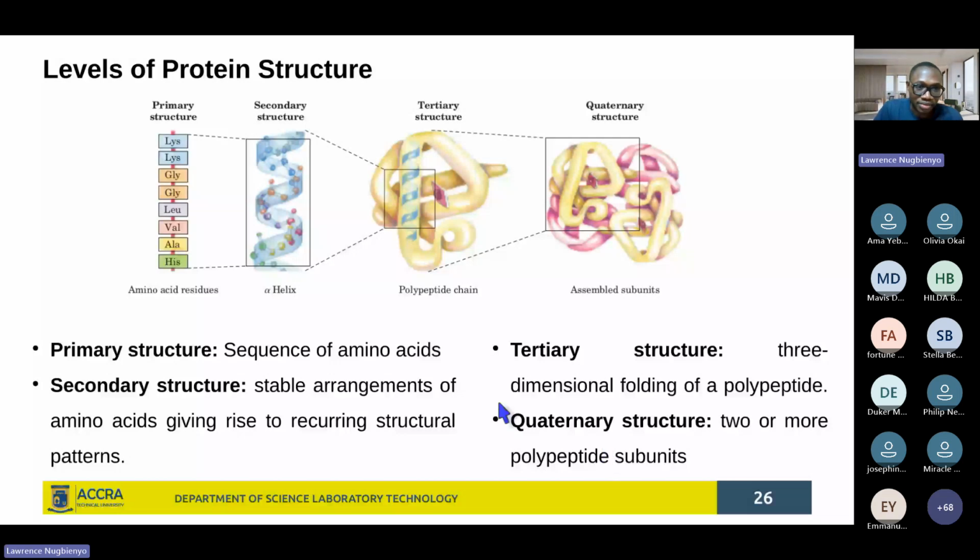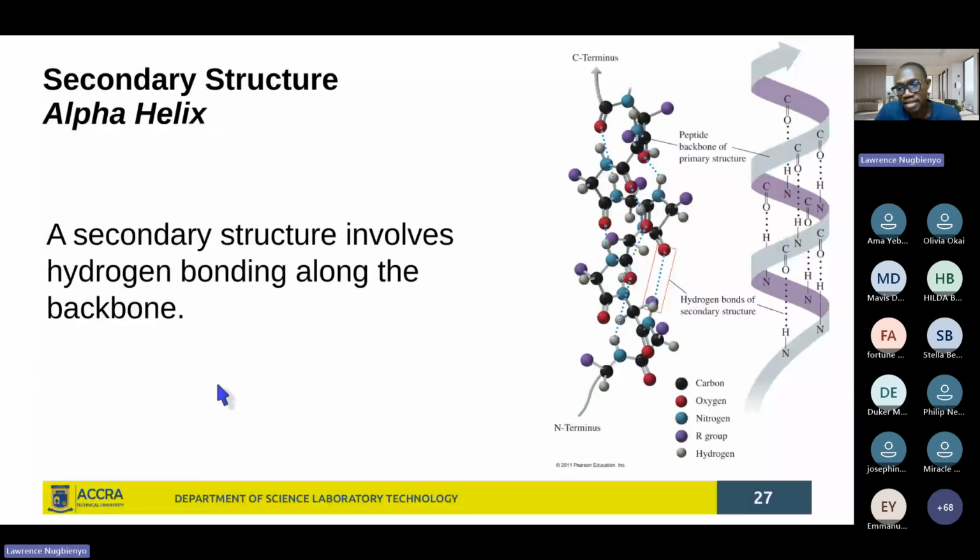So let's continue. As for the primary structure, it is well understood. It's about a sequence of amino acids that are present in a peptide chain. So let's move to secondary structure. Now you can have generally two types of secondary structures of proteins.